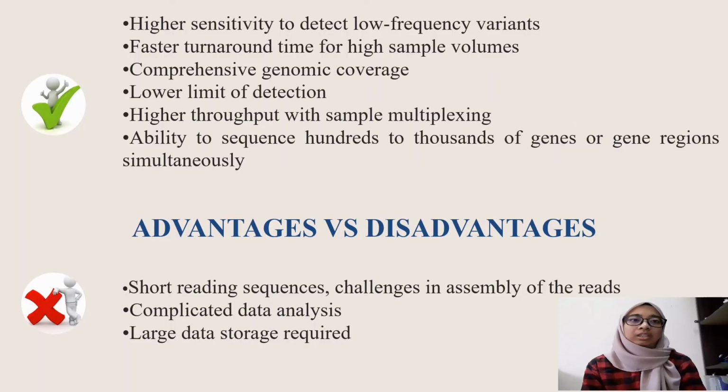Next are the advantages and disadvantages of NGS. For the advantages, it provides higher sensitivity to detect low-frequency variants, faster turnaround time for high sample volumes, comprehensive genomic coverage, lower limit of detection, high throughput with sample multiplexing, and the ability to sequence hundreds to thousands of genes or gene regions simultaneously.